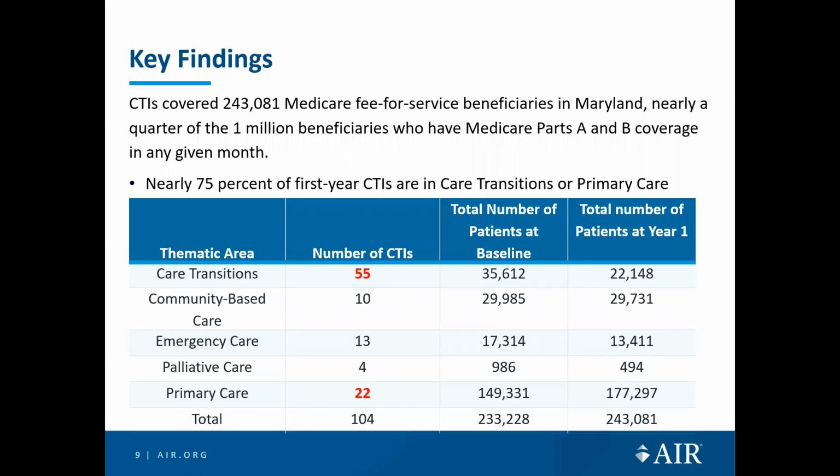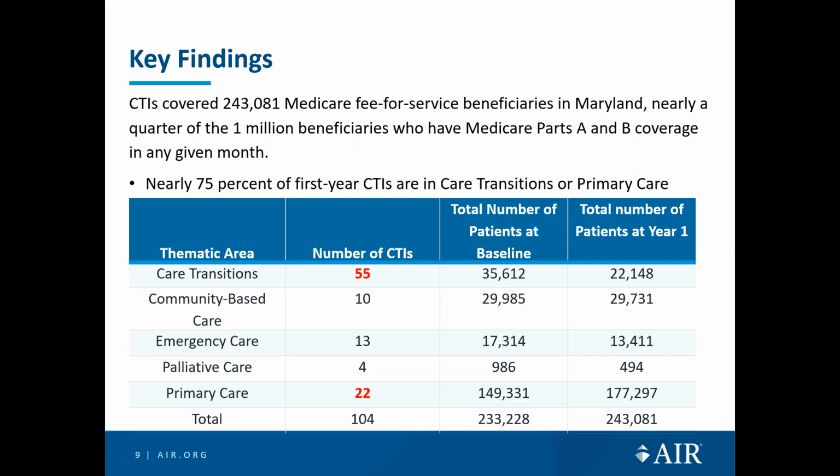Okay, so moving on now to the key findings. CTIs during the first year of the program covered 243,000 Medicare fee-for-service beneficiaries, which represent nearly a quarter of the approximately 1 million beneficiaries enrolled in Medicare Parts A and B in any given month.